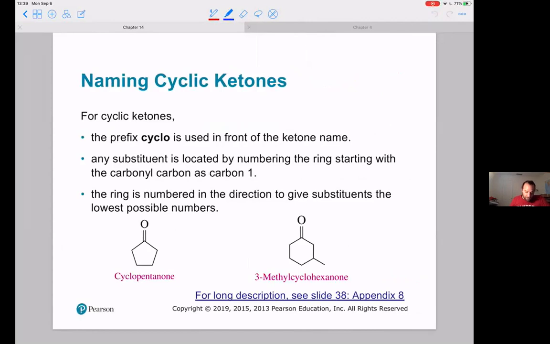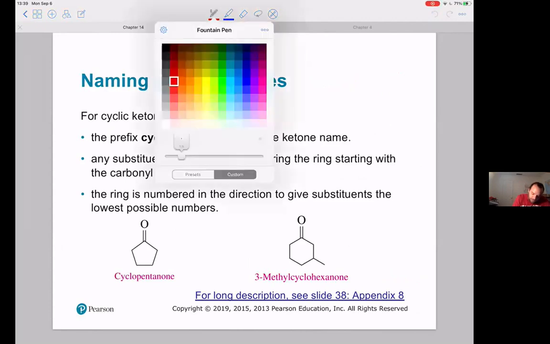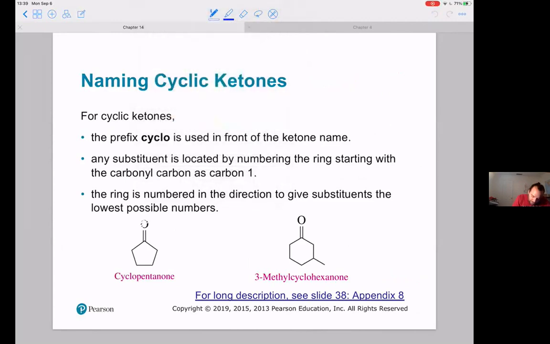When you have cyclic ketones, they're pretty easy to name. You just stick cyclo on the beginning, just like with what we normally do, right? So cyclopentane is what it would be if it didn't have this ketone functional group. And then as soon as we stick that ketone on there, it becomes cyclopentanone.